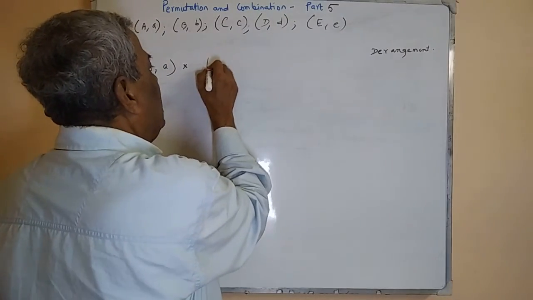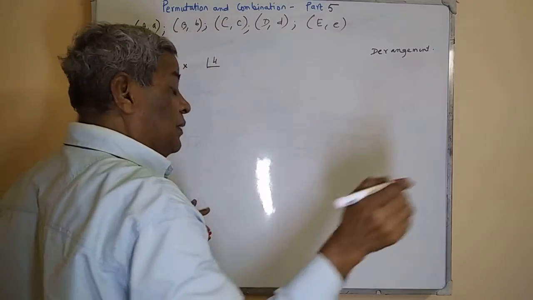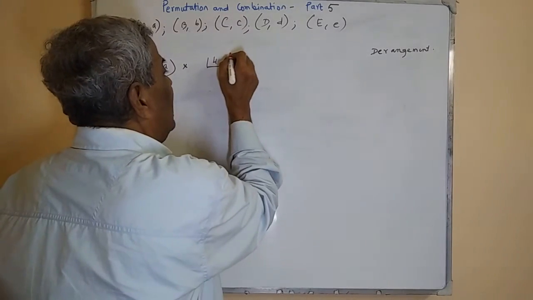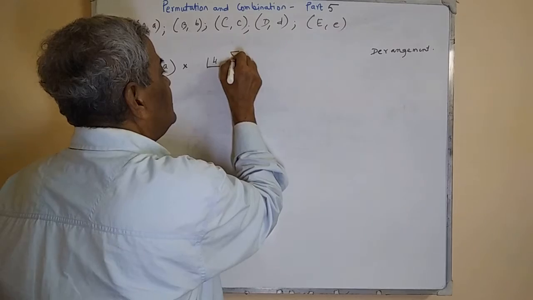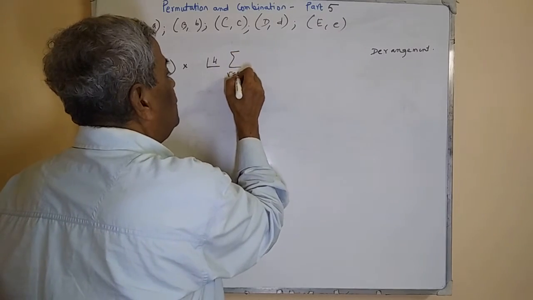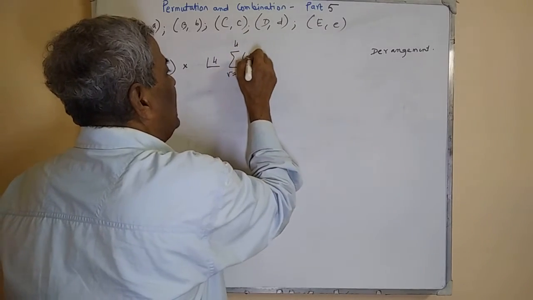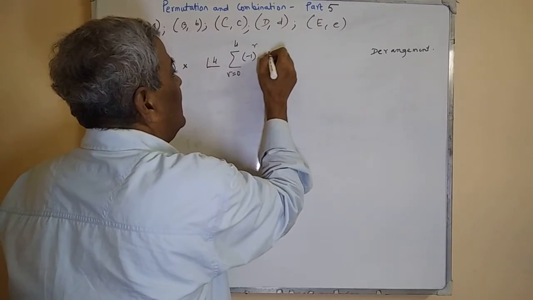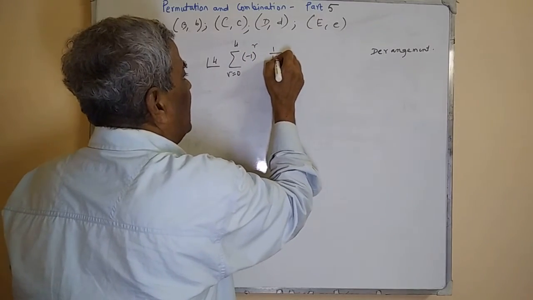The formula, using the previous one, is factorial 4 into sigma r equal to 0 to 4, minus 1 to the power r, into 1 by factorial r.